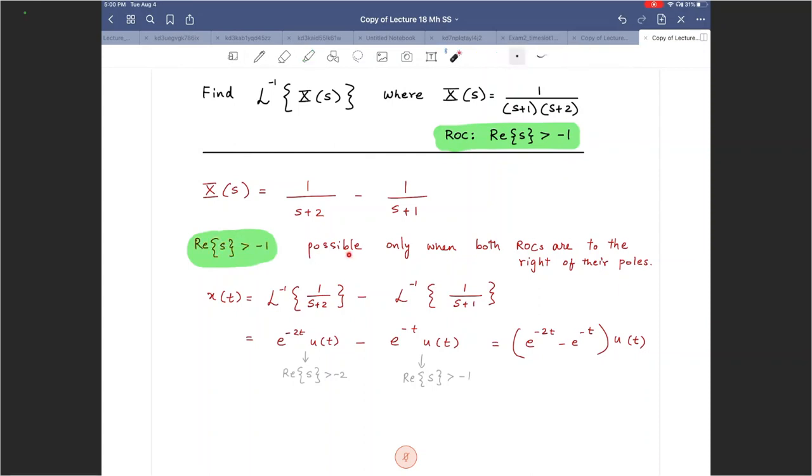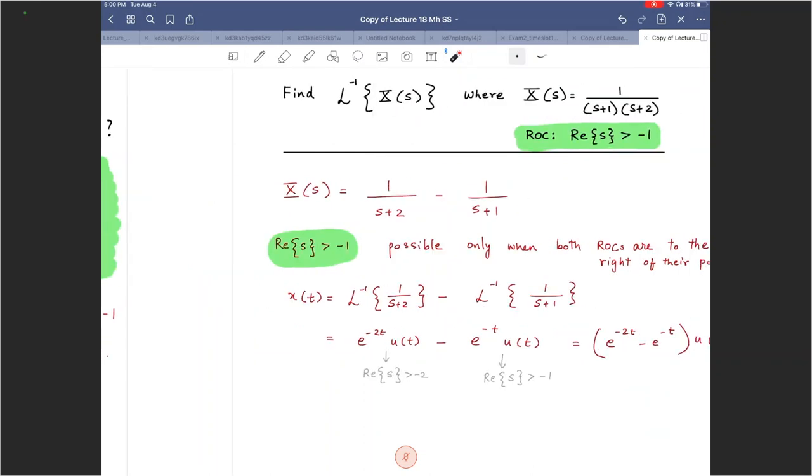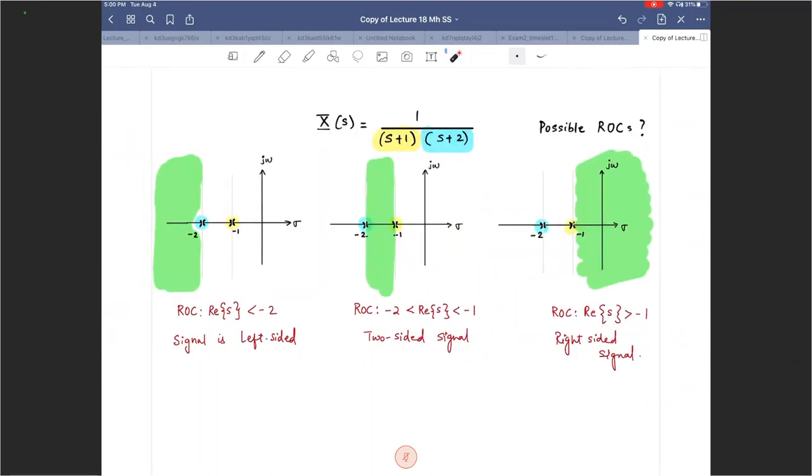So this is only possible when both regions of convergence are to the right of their poles. If I look back at this example, because the region of convergence is found by finding the intersection of the individual regions of convergence, we have two poles, one at -1, one at -2.